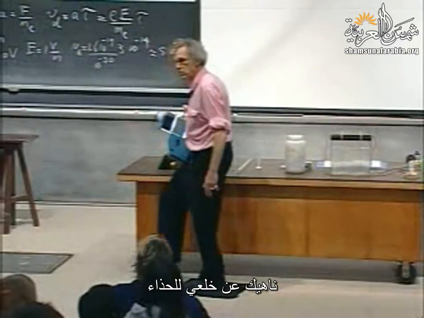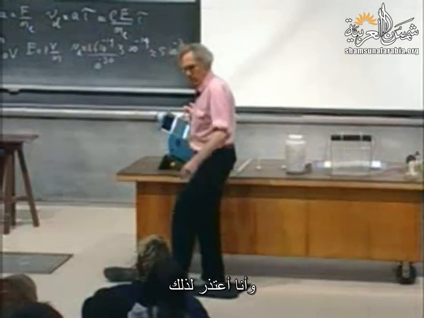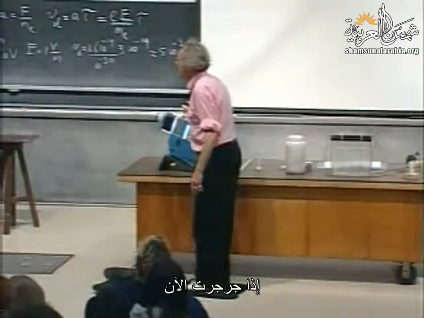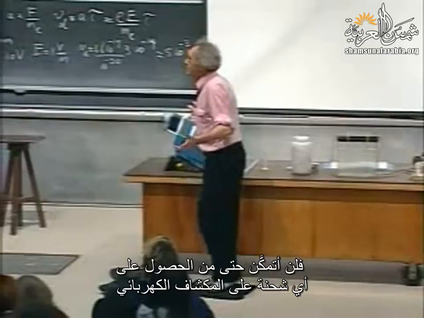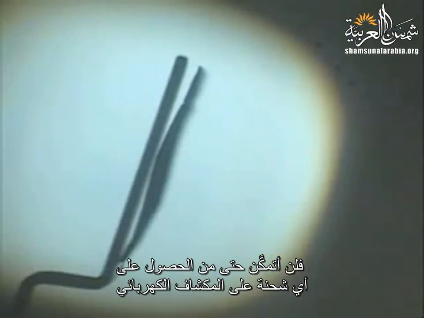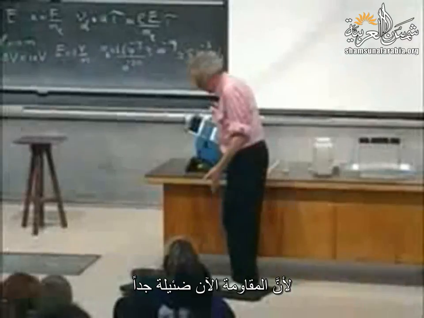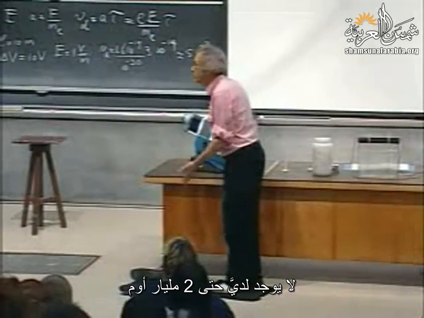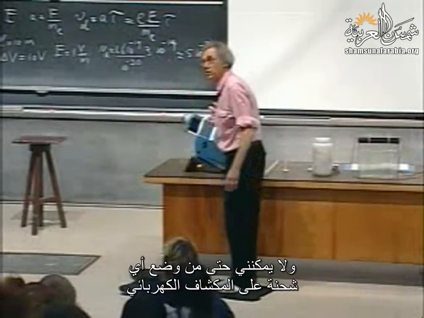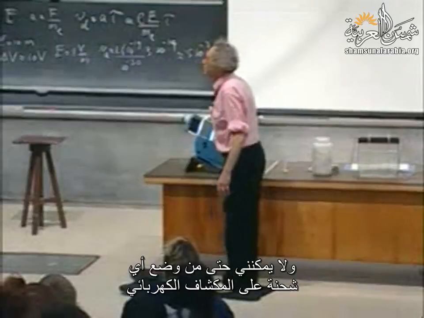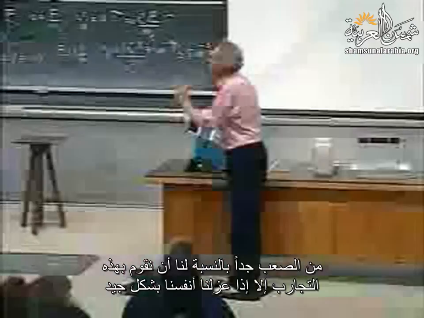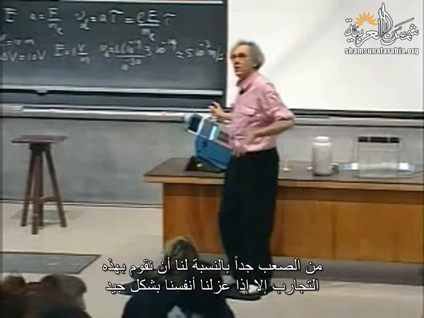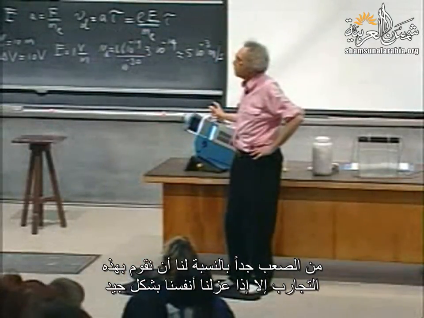Let alone if I take my shoes off. I apologize for that. If now I scuff, you can't even get any charge on the electroscope, because now the resistance is so ridiculously low, I don't even have the 2 billion ohms. I can't even put any charge on the electroscope. It's always very difficult for us to do these experiments unless we insulate ourselves very well.